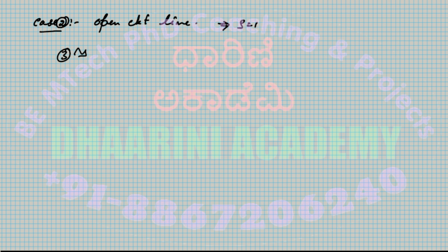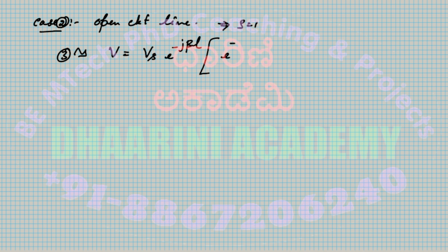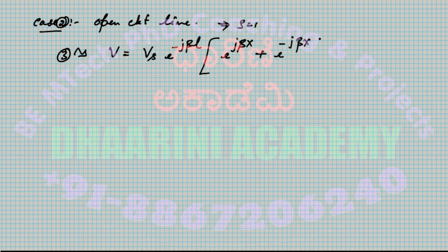So V is equal to Vs e to the power j beta L into, first one is positive, second one is negative, right? So e to the power j beta x plus e to the power minus j beta x.